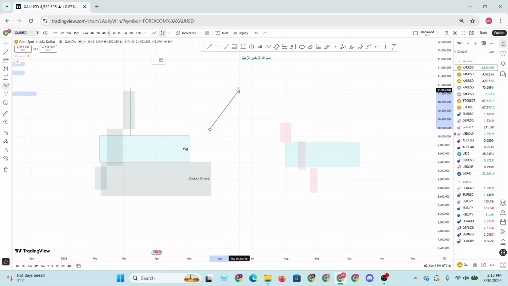Suppose the market is coming from this level and dropping like this.